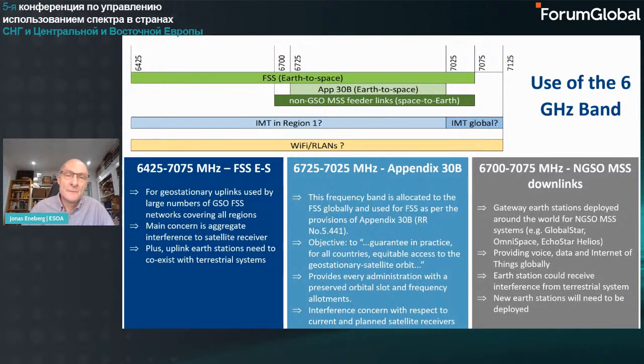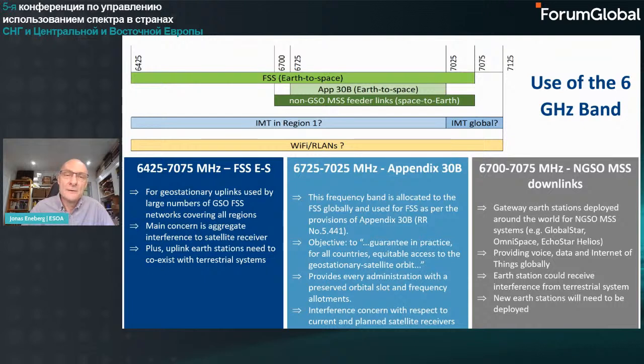That is obviously, as I think everyone knows, a band where we have allotments for national administrations, so that every country has an allotment and access to this spectrum for operation of geostationary satellites. There are fewer satellites in that band, but still maybe a couple dozen satellites or so operate in that band.